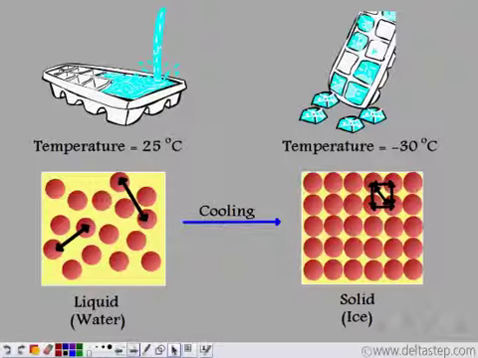As the kinetic energy decreases, the speed of the particles decreases. So the particles come closer to each other. As the interparticle space decreases, the intermolecular forces of attraction increase. This tends to bring the particles very close to each other, and therefore the liquid form or water changes to the solid form or ice, and this is how freezing takes place.